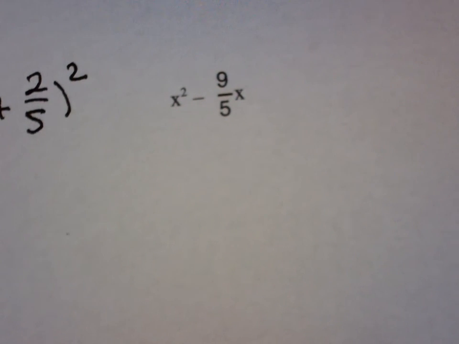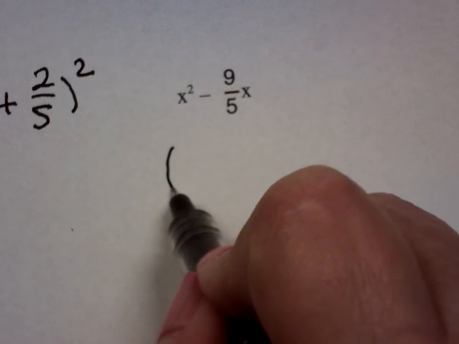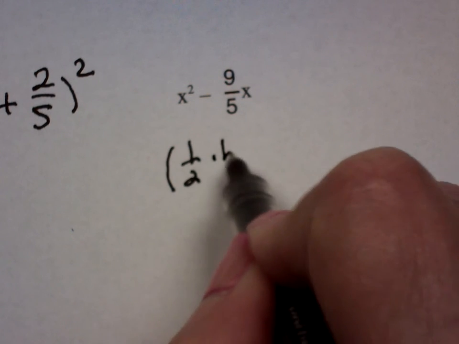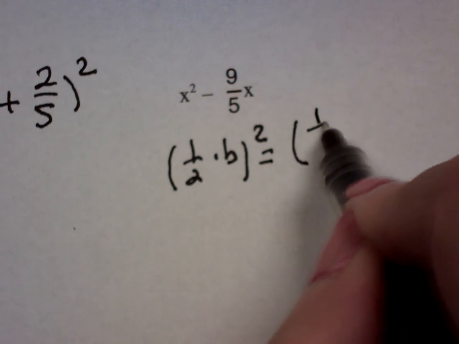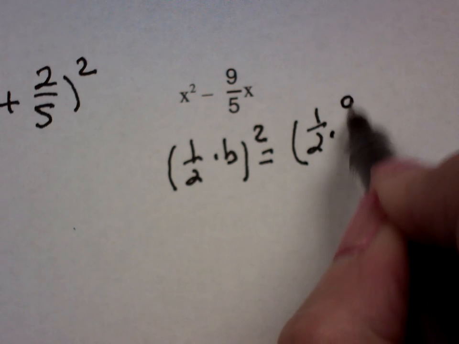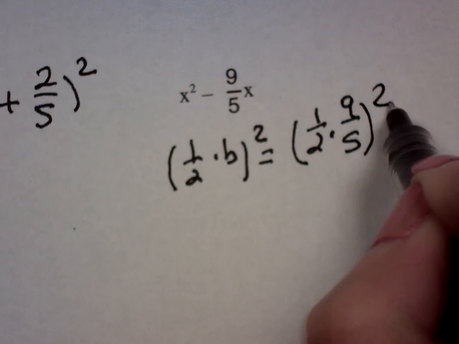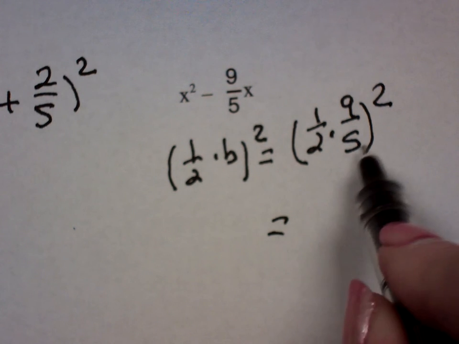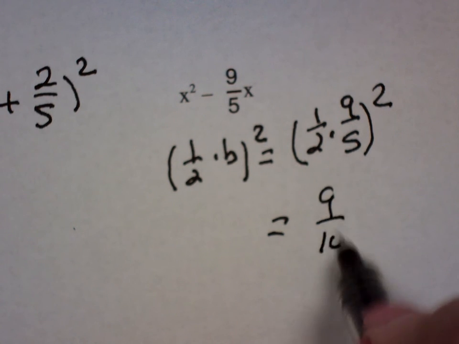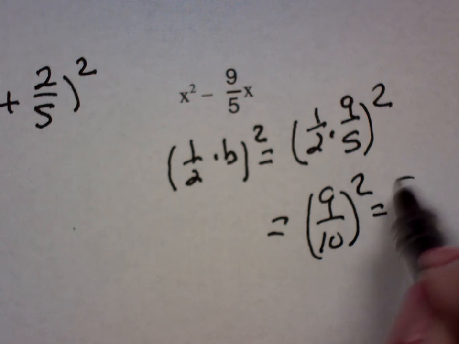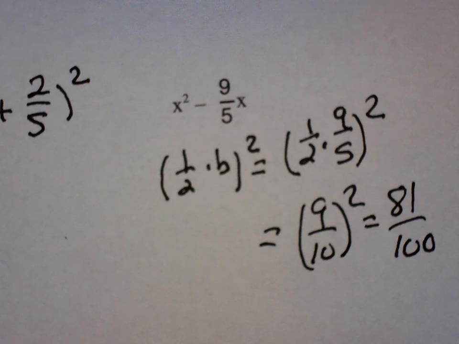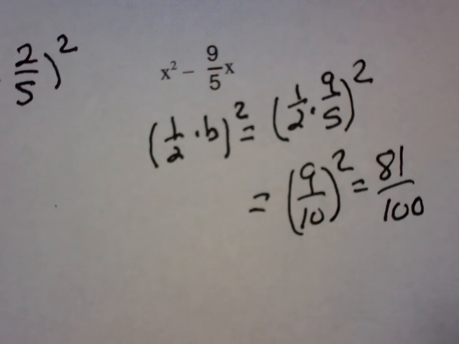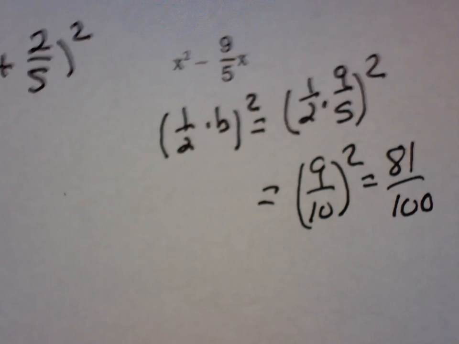Again, I have another fraction, so 1/2 times b squared is 1/2. b is 9/5 squared, which is 9/10 squared, 81/100. So I've now run myself out of room up there, so I'm going to come down here.